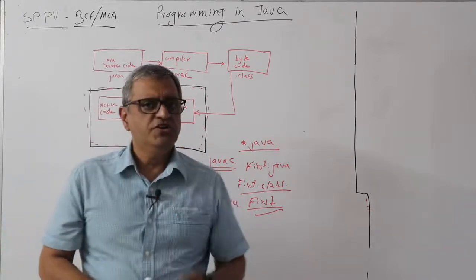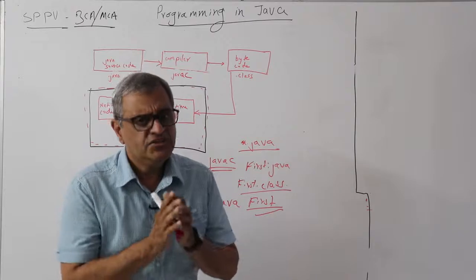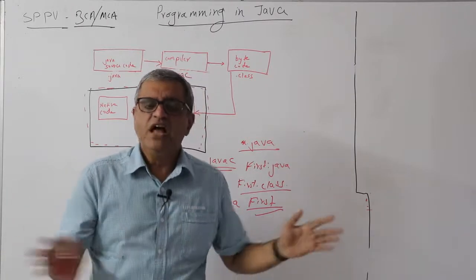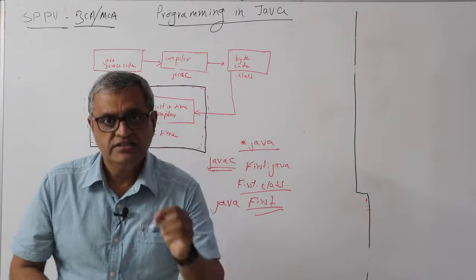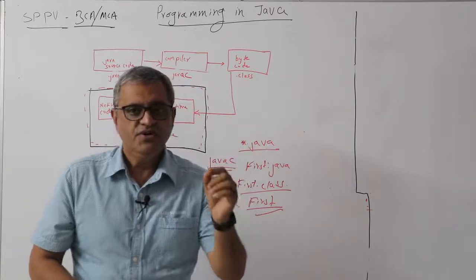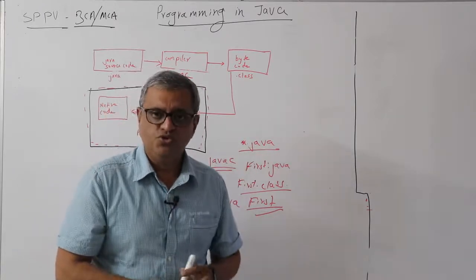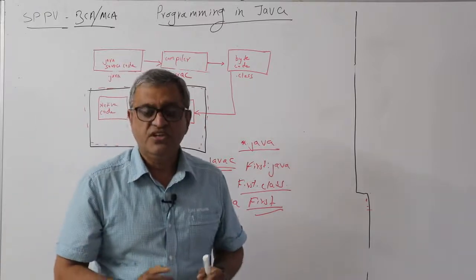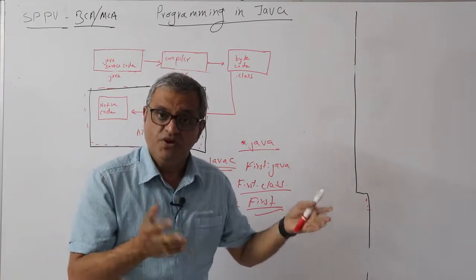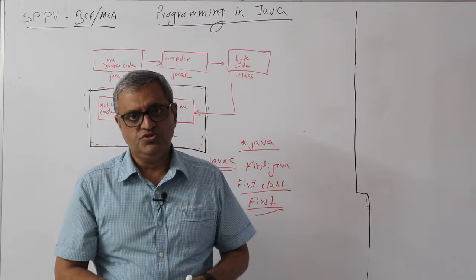So your source code can have n number of classes, and whenever you compile, you get the same number of .class files.